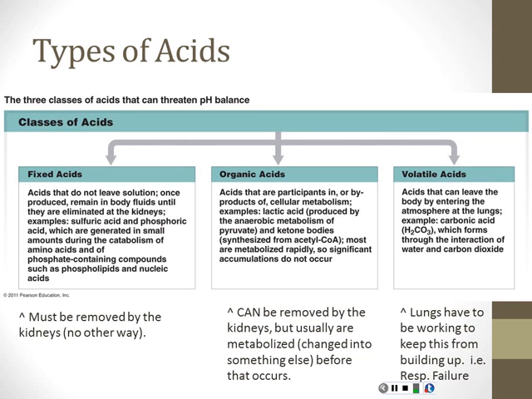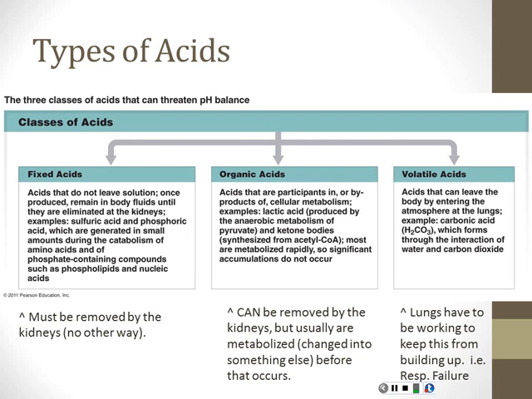That lactic acid, we're not stuck with it. We can take lactic acid, and when there's oxygen present, we can break it down into CO2 and water. So the organic acids can usually be metabolized into something else, but they can be removed by the kidneys directly if there's a metabolism problem, right?